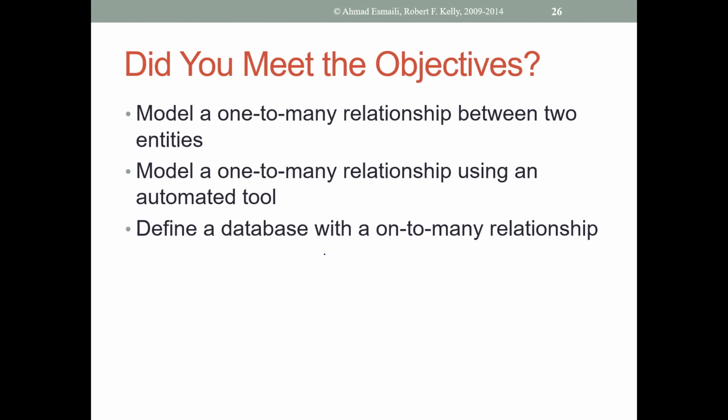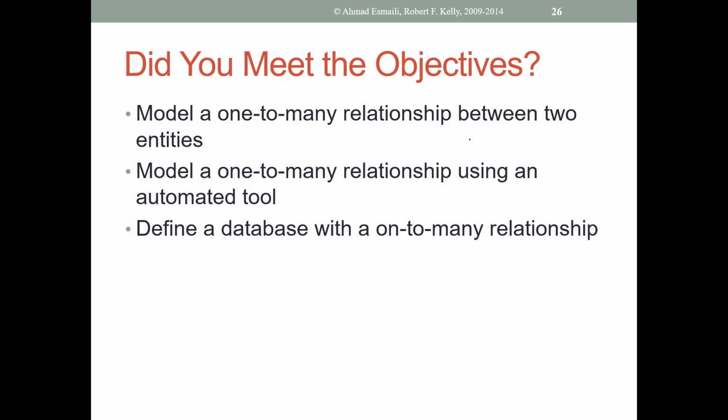Okay, so did we achieve the objectives? In this lecture our objective was to understand one-to-many relationships, and we also understood relationships in general. We first tried to understand when we will have a relationship and what kinds of relationships we can have.